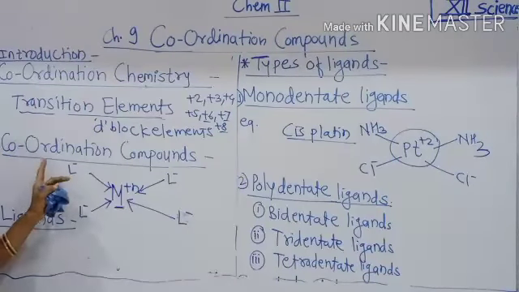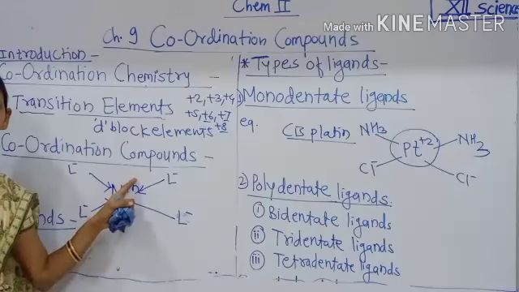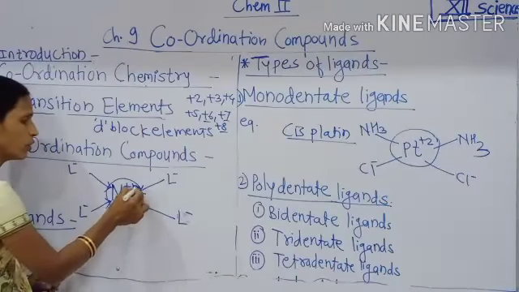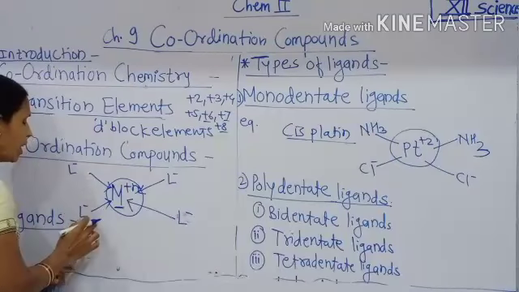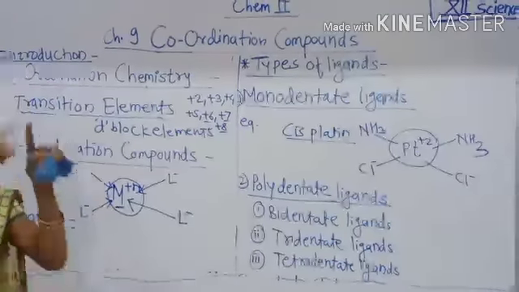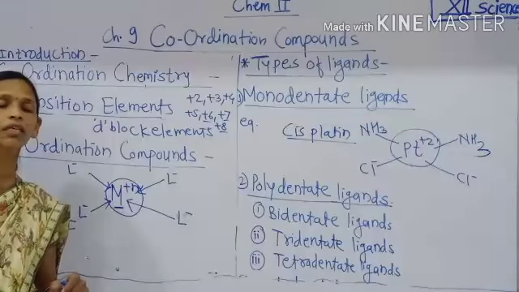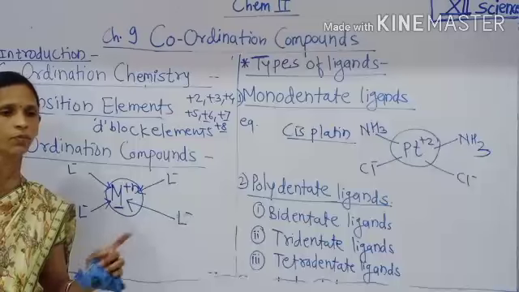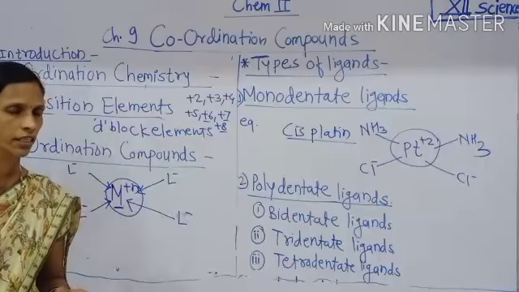In a coordination compound, the central metal ion is surrounded by ligands, and these ligands are present in a sphere, which we will study in detail. There are two types of spheres, the primary sphere and the secondary sphere.